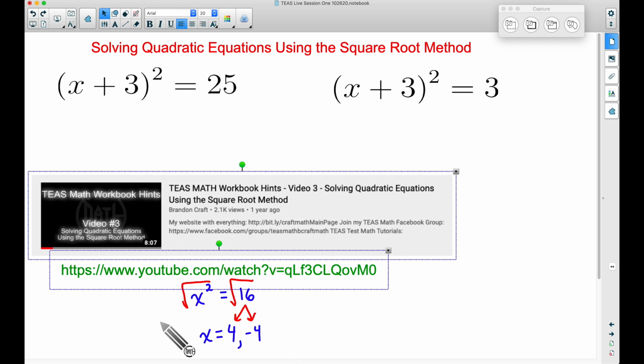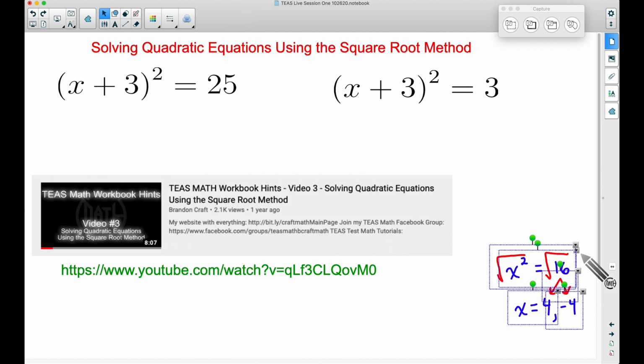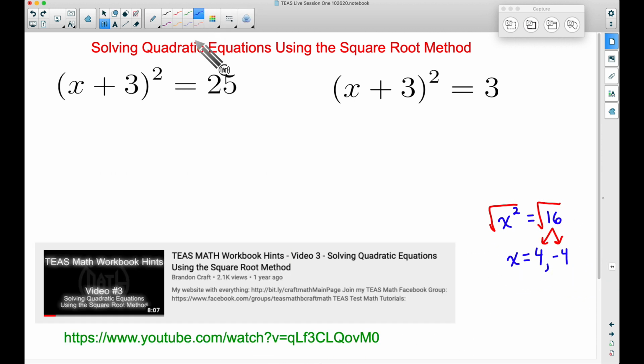It's a little bit more involved. Let me slide this over here. So this first example, we're taking some number plus 3, then we want to square that whole thing, and we want to get 25. Now I mentioned the opposite of squaring something is to take the square root, and that's how we want to get rid of this.